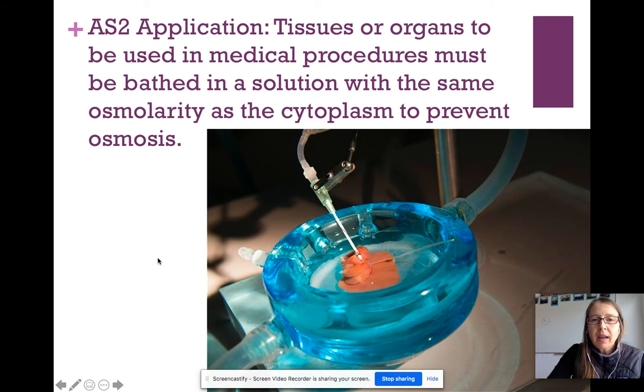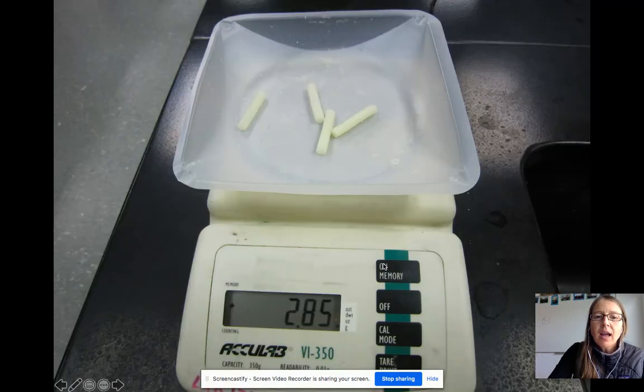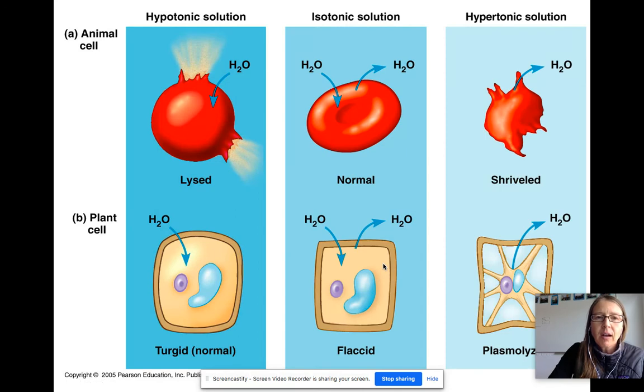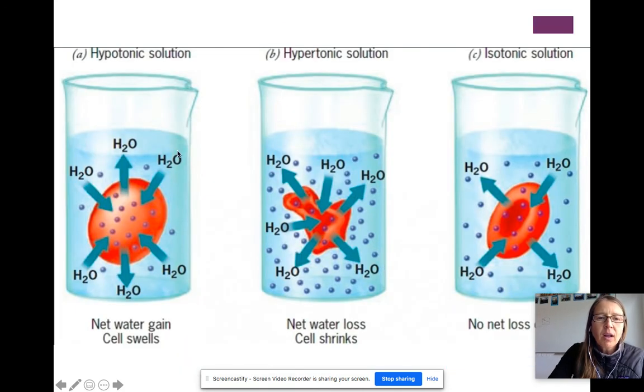If we are doing a tissue or organ transplant, when we take that tissue or organ and it has to be transported from one patient to the other, they have to put it into an isotonic solution. This is important because you don't want the tissue to lose or gain too much water in transport. Now, the most important thing for you right now is that you can label the different solutions as hypertonic or hypotonic, and then talk about which way the water will move based on that differential.